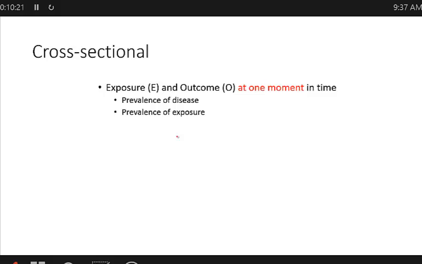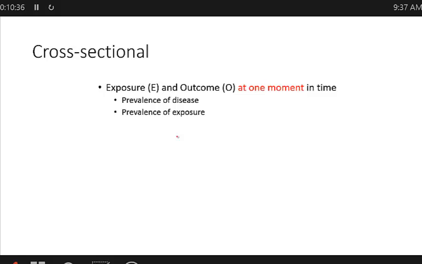So what can you see from a cross-sectional study? You want information on how much of the population in Nashville, for example, have cancer.